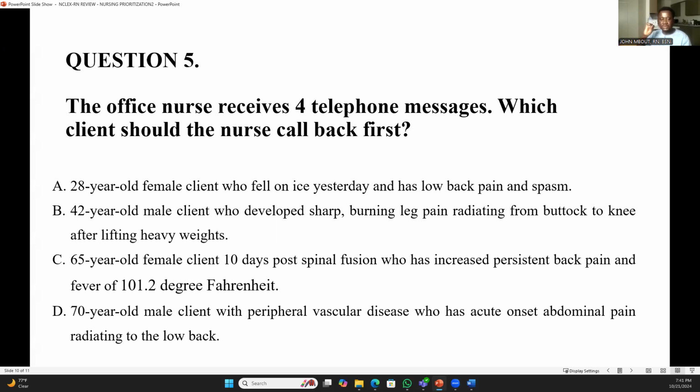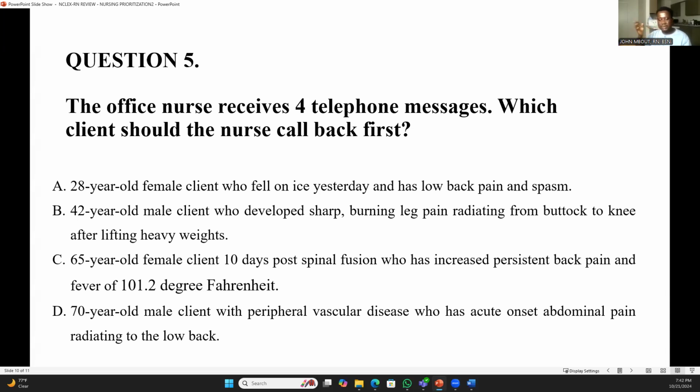So you have to attend to this client first. The client might be bleeding, okay? You look at signs of shock: decreased systolic blood pressure, weak pulse, pallor. This is a priority.